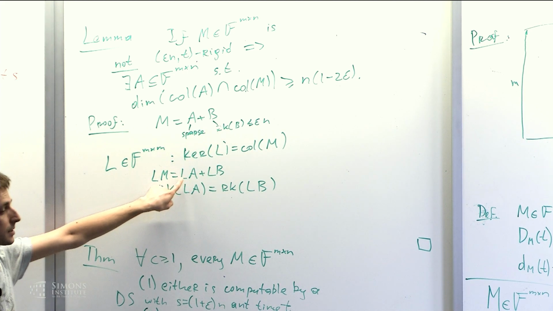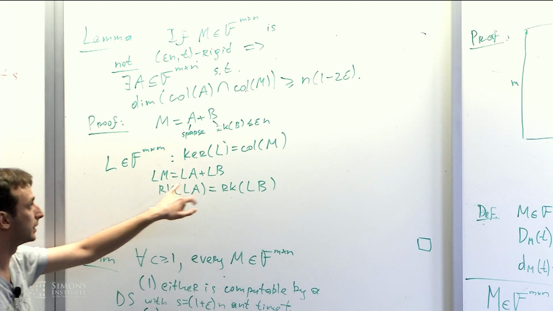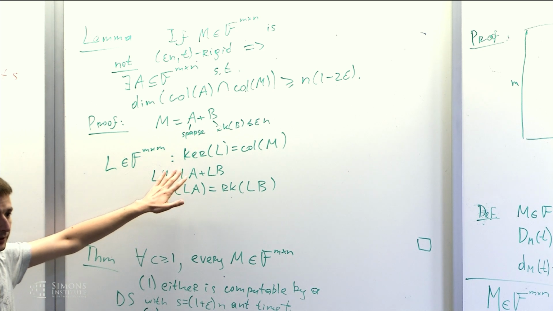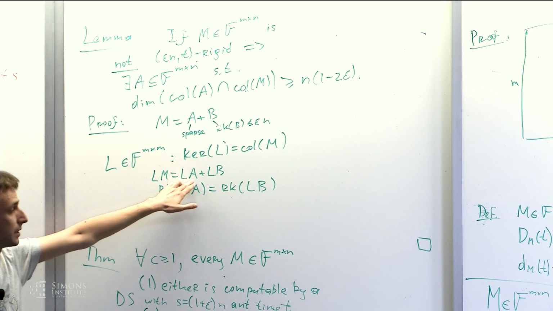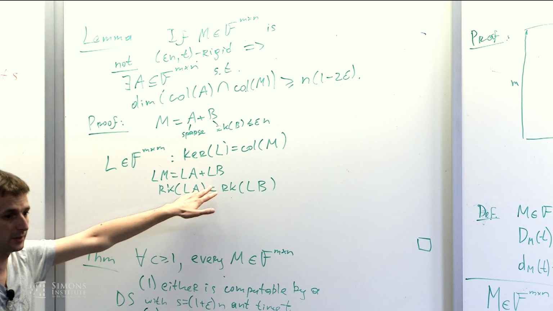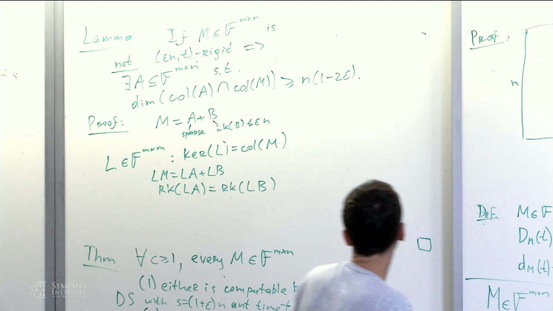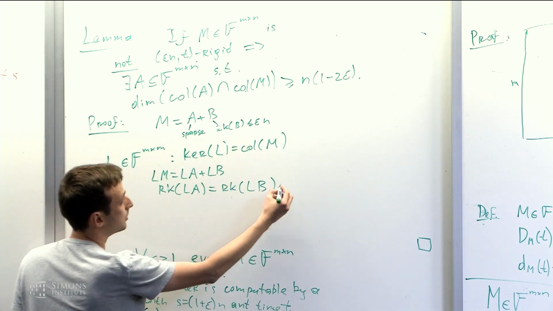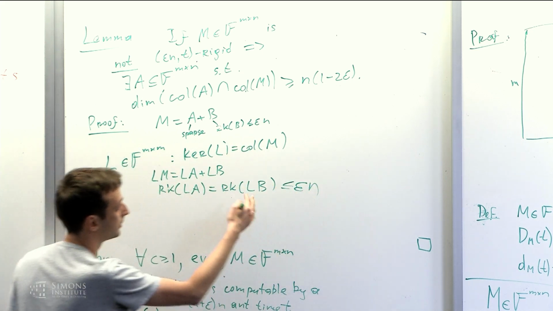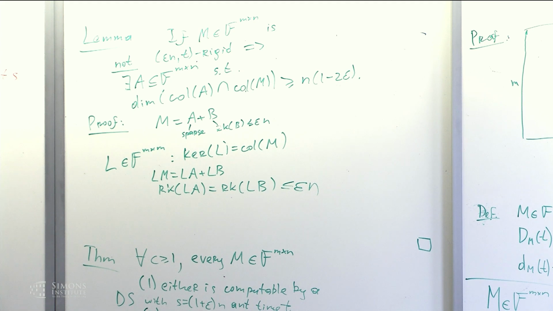L times M is L times A plus L times B. But L times M is 0 because I defined L this way. So L times A equals minus L times B. In particular, the rank of LA is the rank of LB. But B is a low rank matrix, so even when I apply the linear map L, it's still low rank.